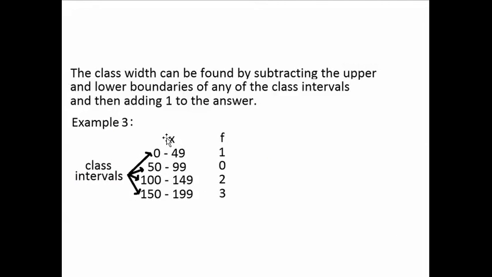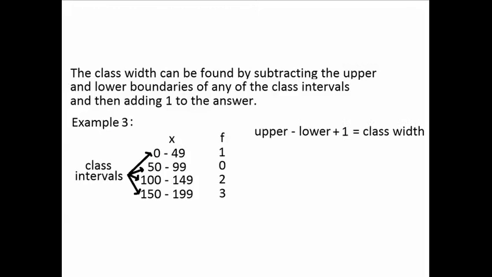And in this table, the class width is larger because notice how these class intervals are covering more numbers than they were before. So actually, each class interval in this table covers a span of 50 numbers, because there's 50 numbers in between 0 and 49, and 50 numbers between 50 and 59.